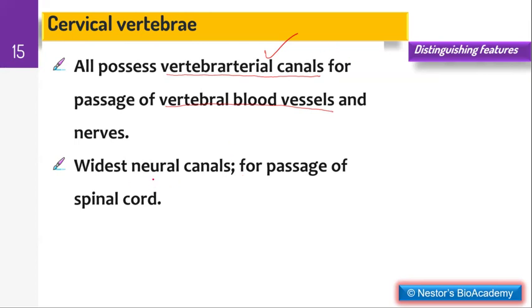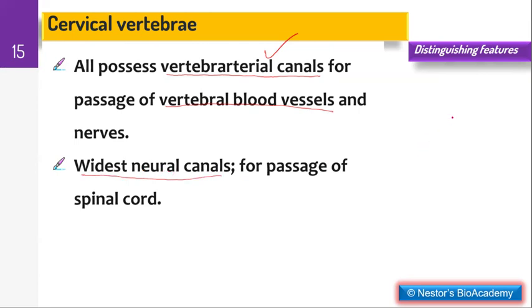And then, if you pick any mammal, you will always realize that the cervical vertebrae have the widest neural canals. Why do they have the widest neural canals?